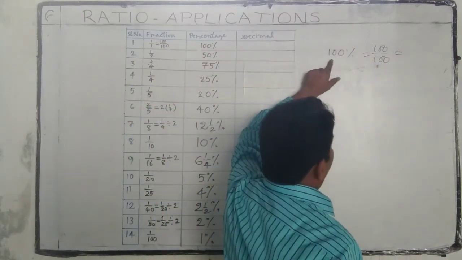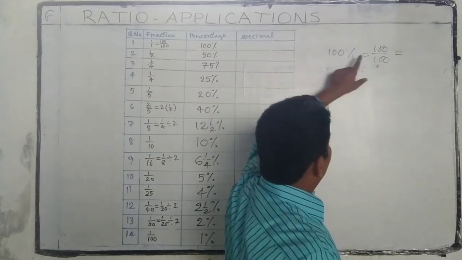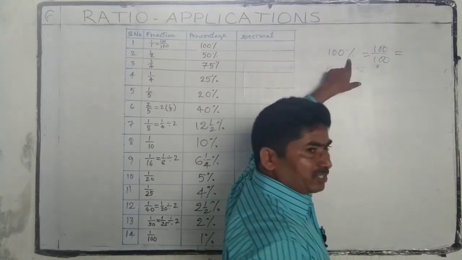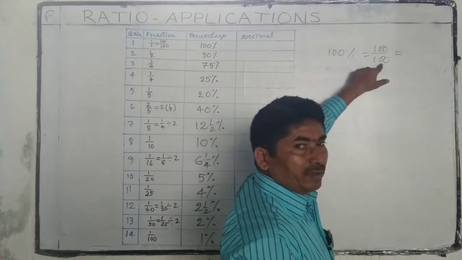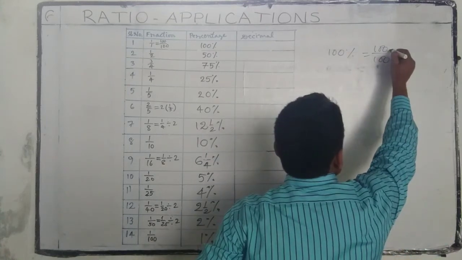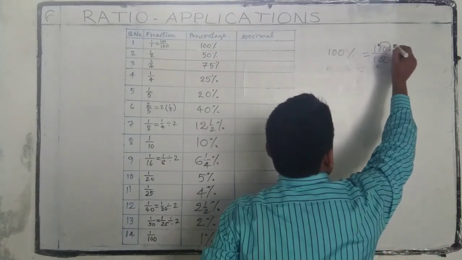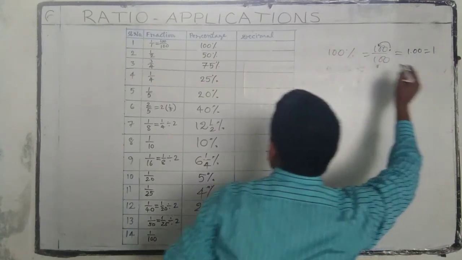To convert a percentage into decimal fraction, first remove the percentage sign and divide it by 100, then simplify. Simplify means here we have to shift the decimal to the left by 2 places. 1.00, that is equal to 1.